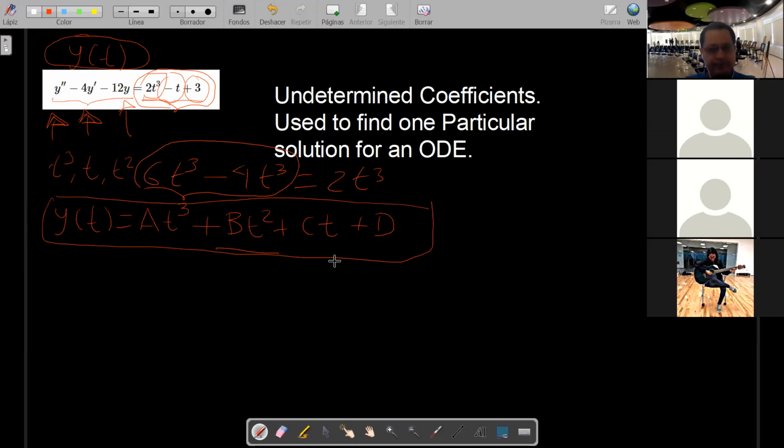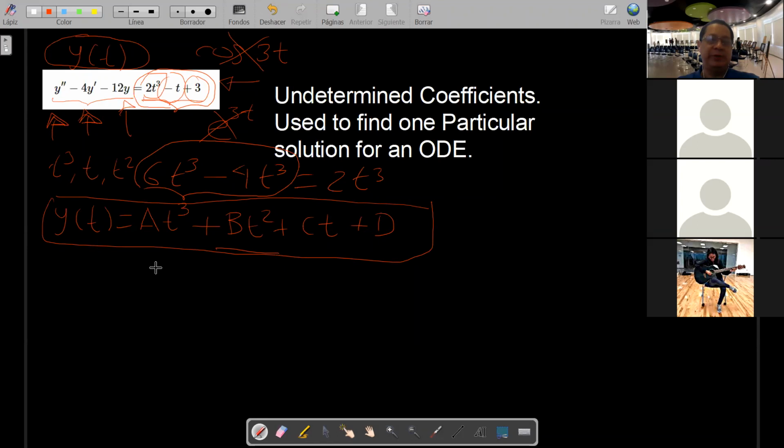Yes, teacher. Thank you. Okay, so you just can't propose having something like e to the 3 times t on the left side, because you don't have any exponential on the right side. You cannot propose something having cosine of 3t or something like that, because on the right side, you don't have any cosine function, right?